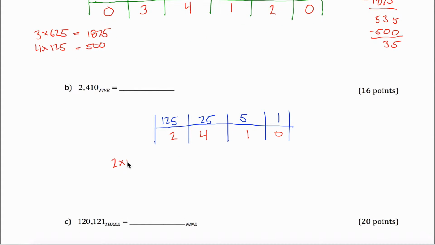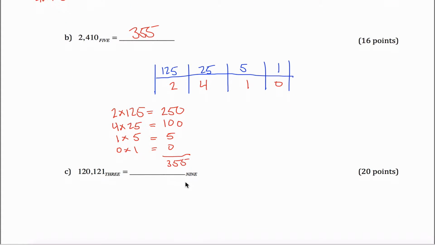Well, 2 boxes of size 125 gives me 250. 4 boxes of size 25 gives me another 100. 1 box of size 5 gives me 5. And 0 boxes of size 1 obviously gives me 0. And if I sum up these numbers, I get, what, 355? And so that would be my answer up here.